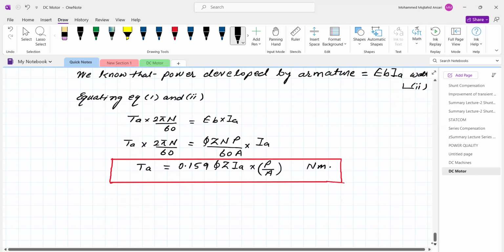Once we design the motor, the number of poles and the number of armature parallel paths will remain the same.